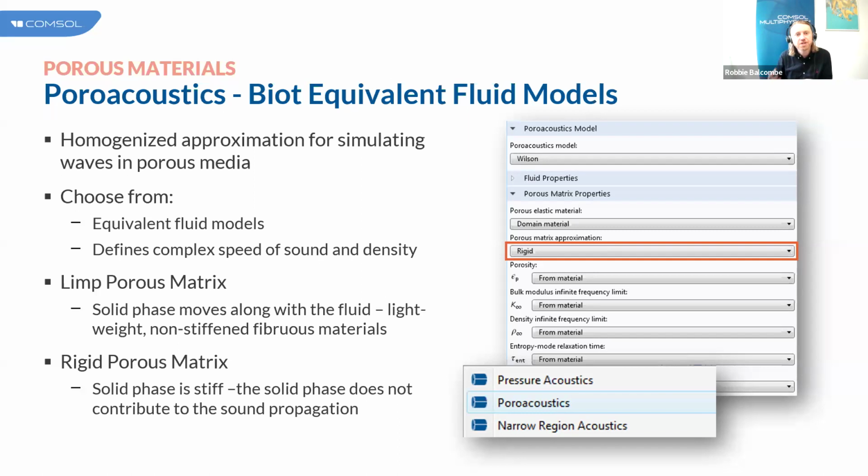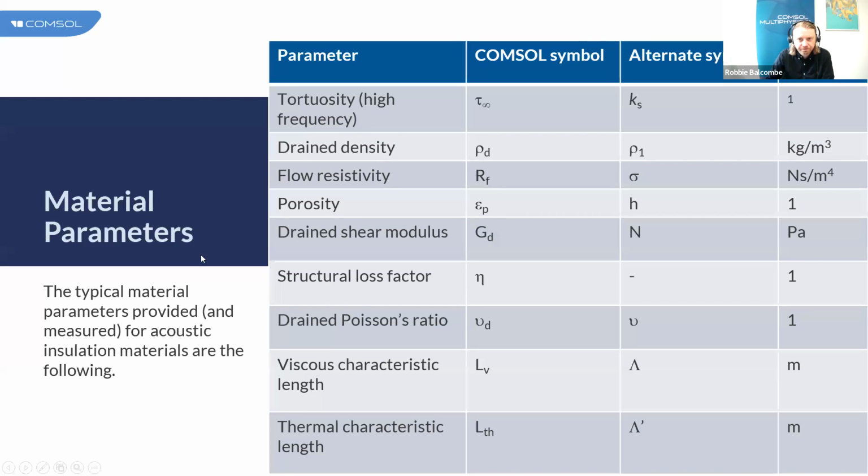So we need to make some assumptions about what the pore matrix is doing. We can consider that the pore matrix is either limp, i.e. it has a very low stiffness and it will move with the fluid and in phase with the fluid, or we can consider the opposite extreme, that the porous matrix is rigid. These are options that are available within some of our poroacoustics material models.